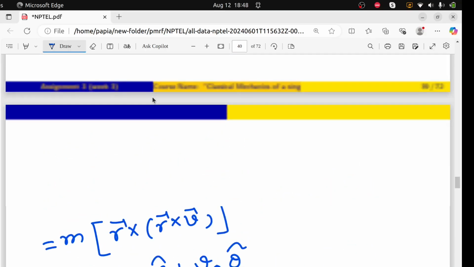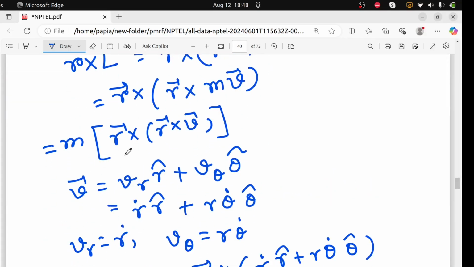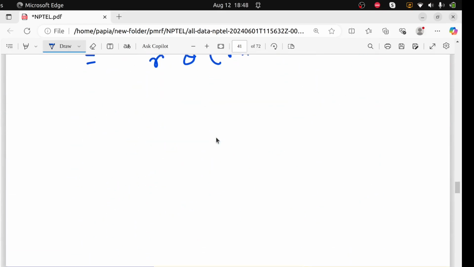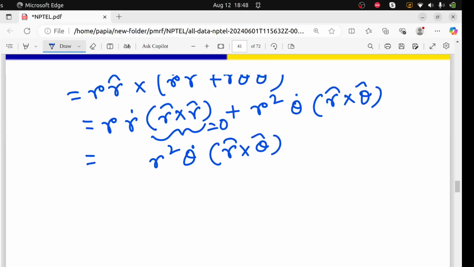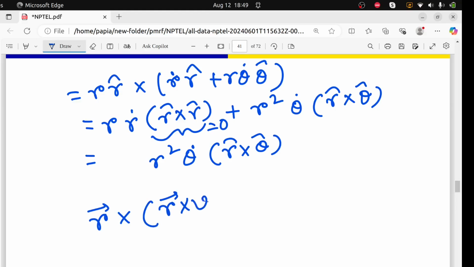But now I need m r cross v. So r cross v, I have already got it.